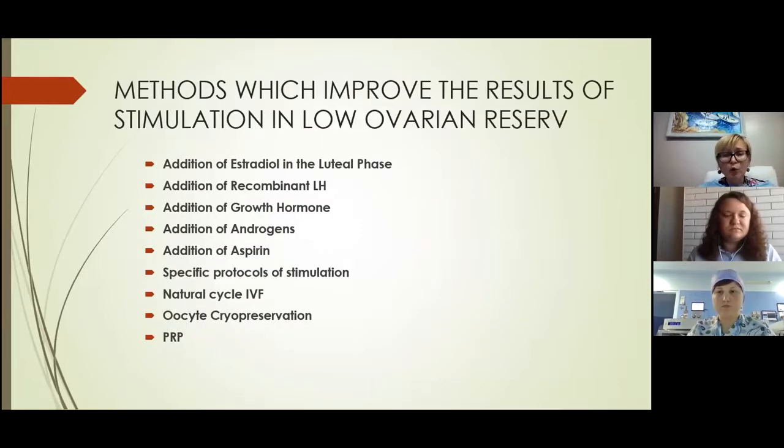So, what can we do if we can see with our markers that ovarian reserve is not good? What can we do during the stimulation? There are a lot of methods which we can use and we normally use. So we try, for example, to add estradiol at the end of the previous cycle.